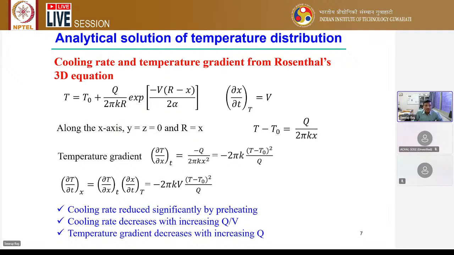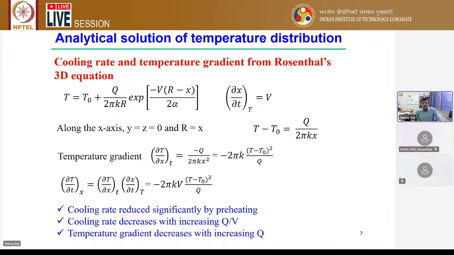And finally, temperature gradient decreases with increasing Q. That means with increasing heat input, the temperature gradient decreases. So from here, we can relate in what way the cooling rate can be modified during the welding process, or which parameter has to be looked into to make a very high cooling rate or a slow cooling rate.